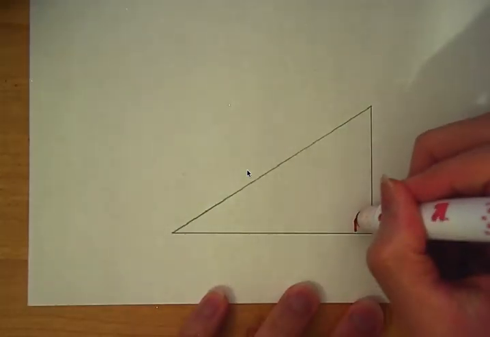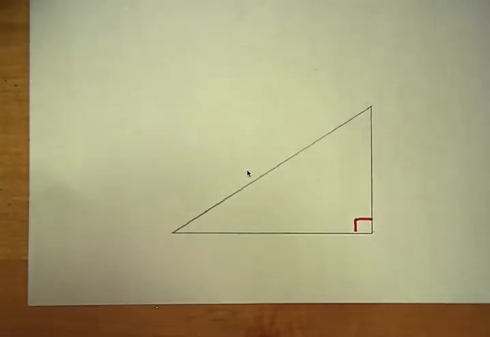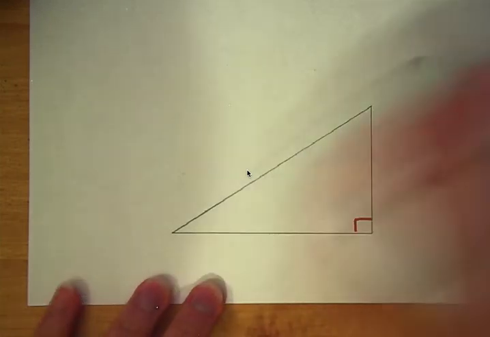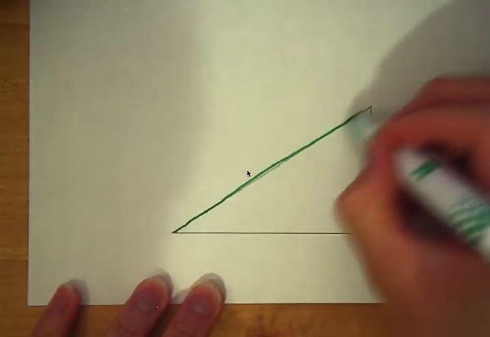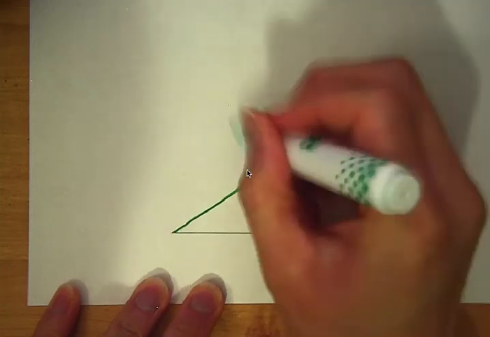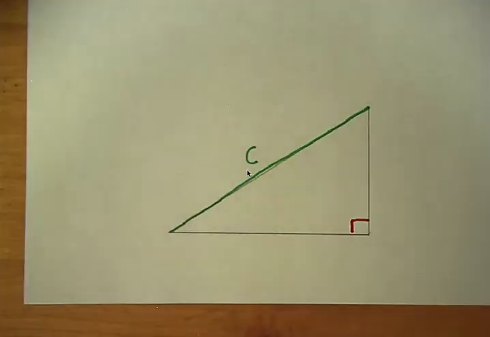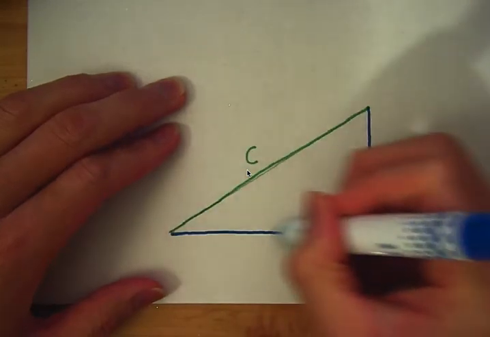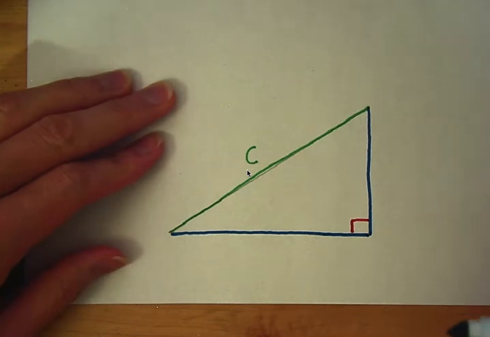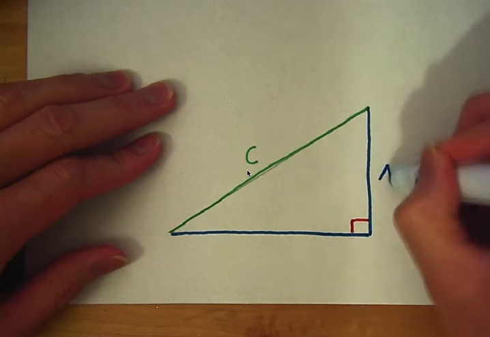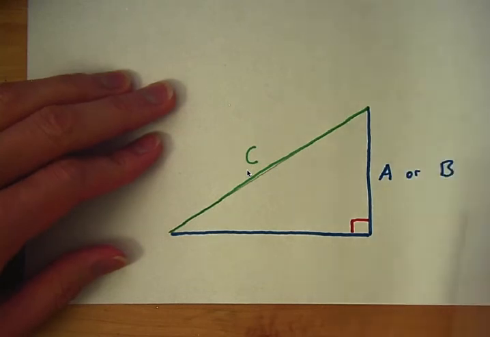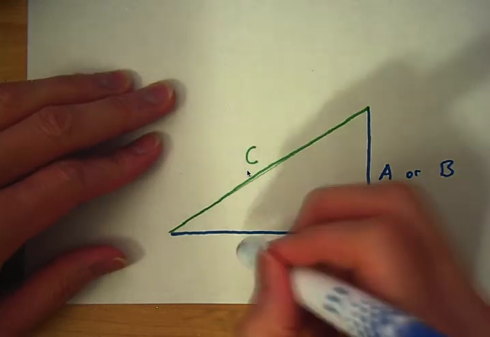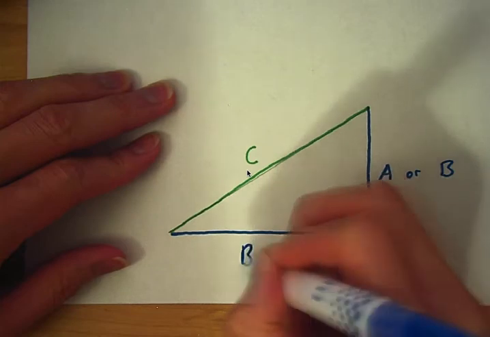This angle right here is your right angle, which of course means that this side right here, the length from here to here is C. The other two sides of this triangle, this one right here and this one right here, are A and B. You get to choose which one is A, you get to choose which one is B. So this will be A or B, and this one will be the other one. So B or A.